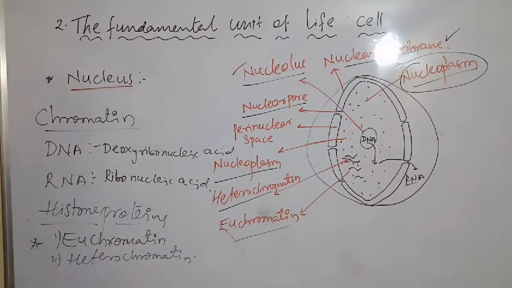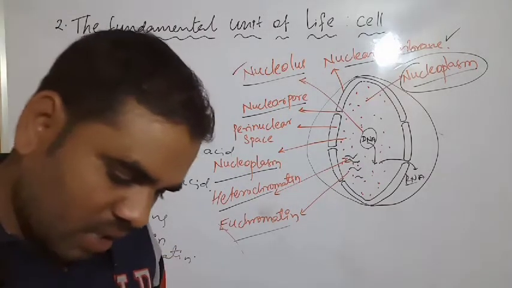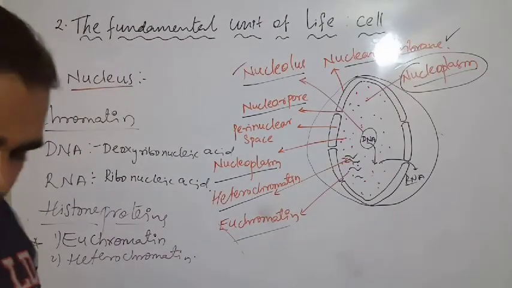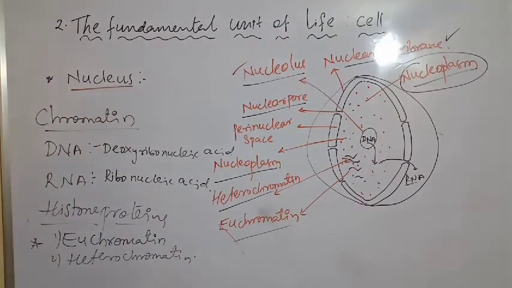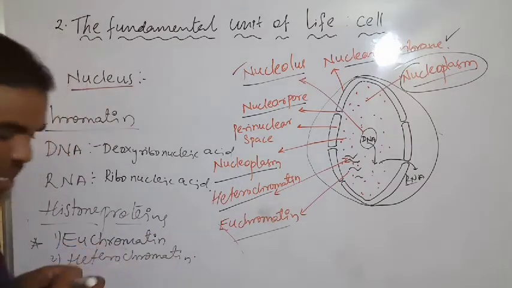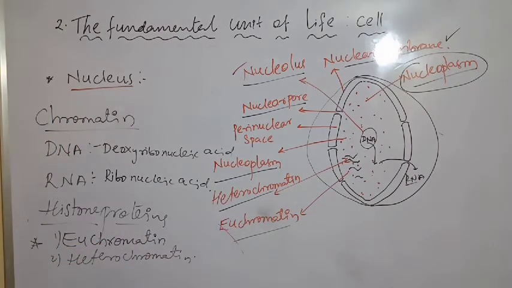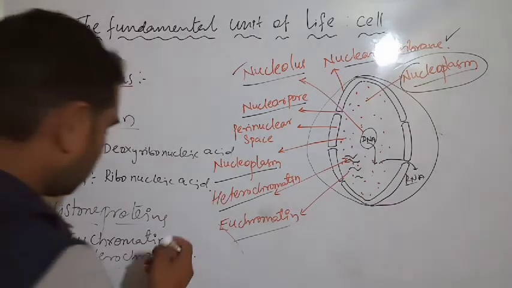See, what is euchromatin? Euchromatin is the loose form of chromatin that makes RNA. Heterochromatin regulates protein synthesis.